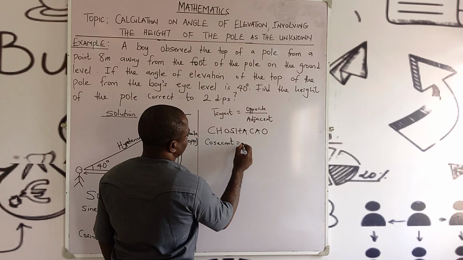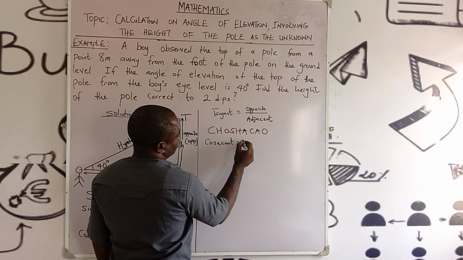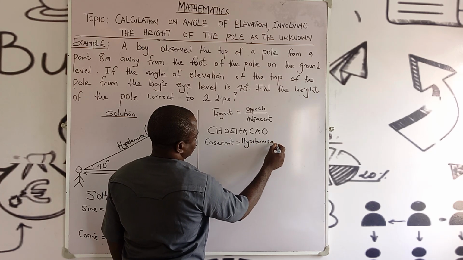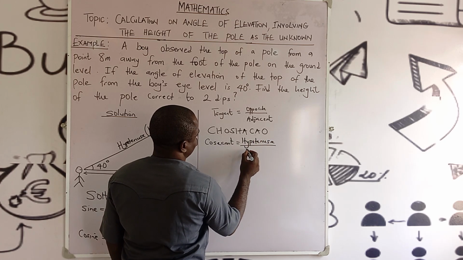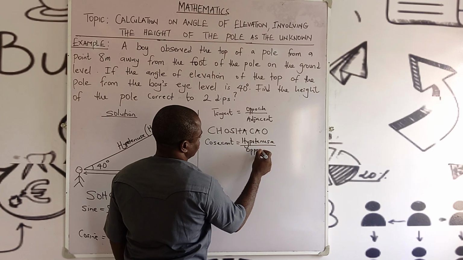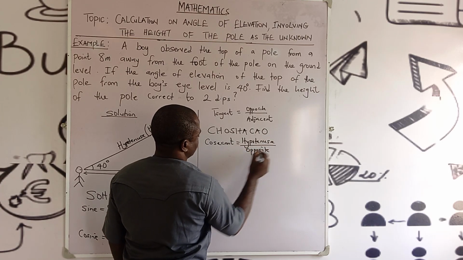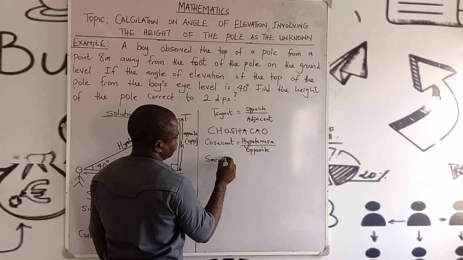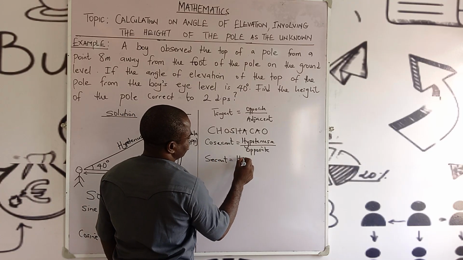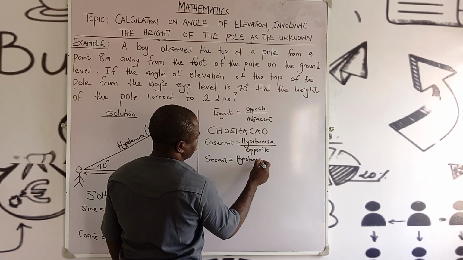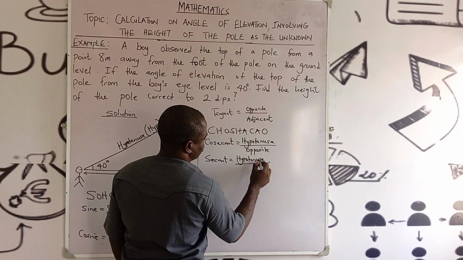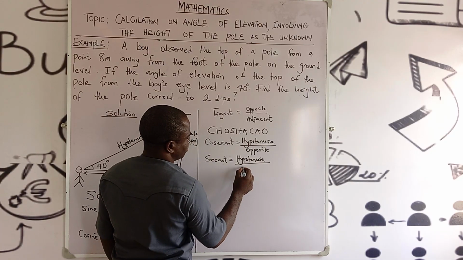Cosecant is hypotenuse over opposite, and we have secant, which is hypotenuse over adjacent.